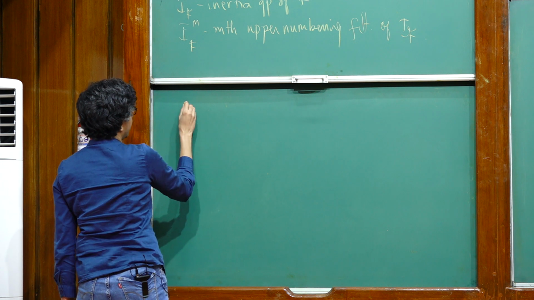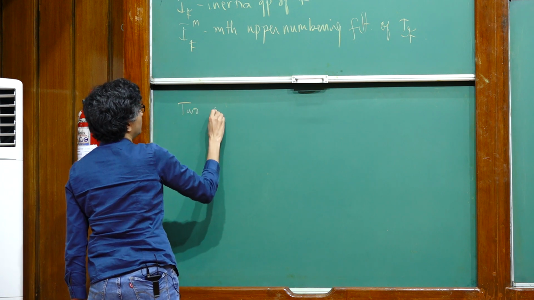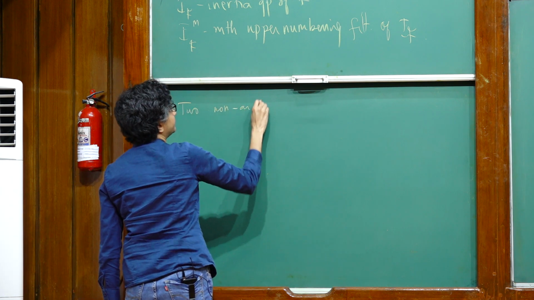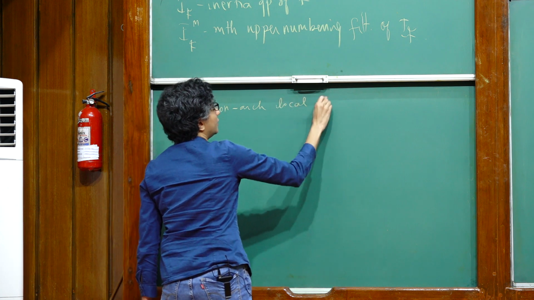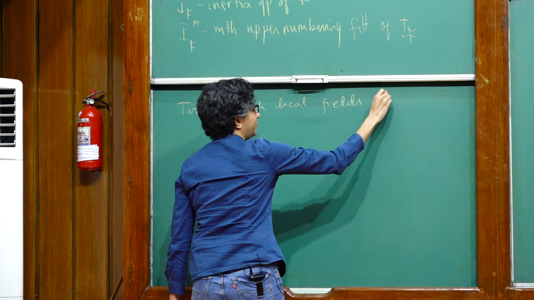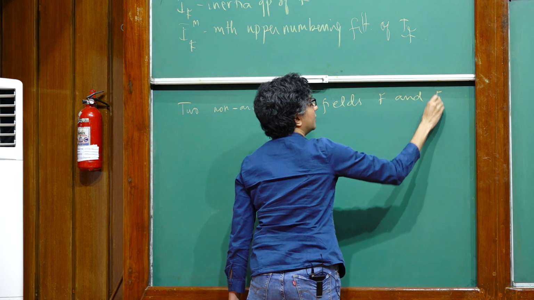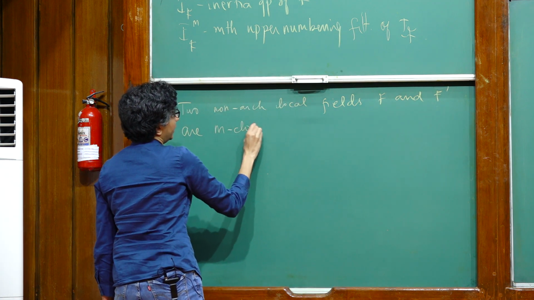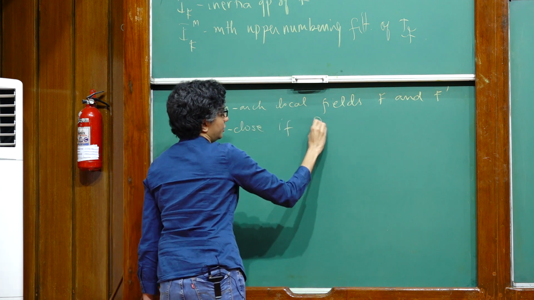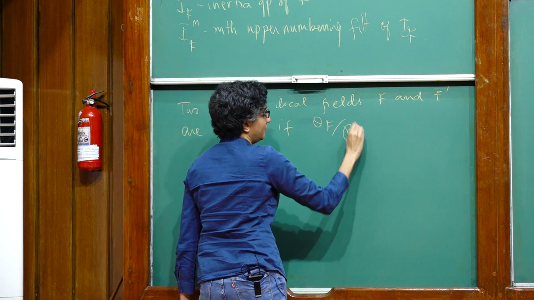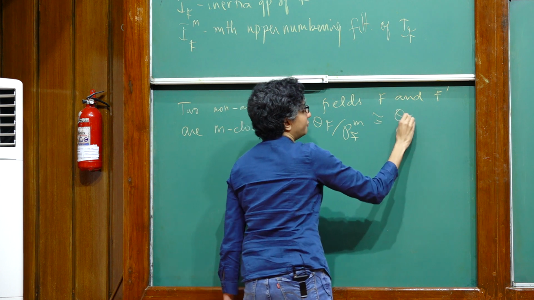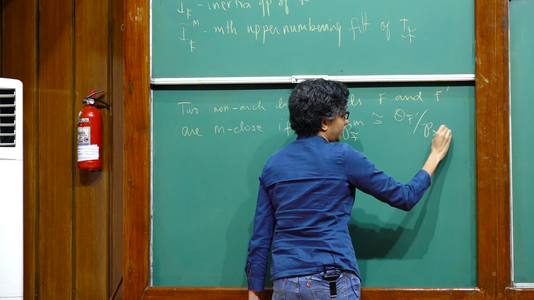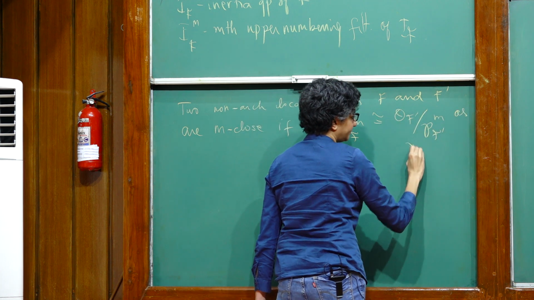So recall that two non-Archimedean local fields, F and F prime, are m-close if O_F mod P_F to the m is isomorphic to O_F' mod P_F' to the m as rings.